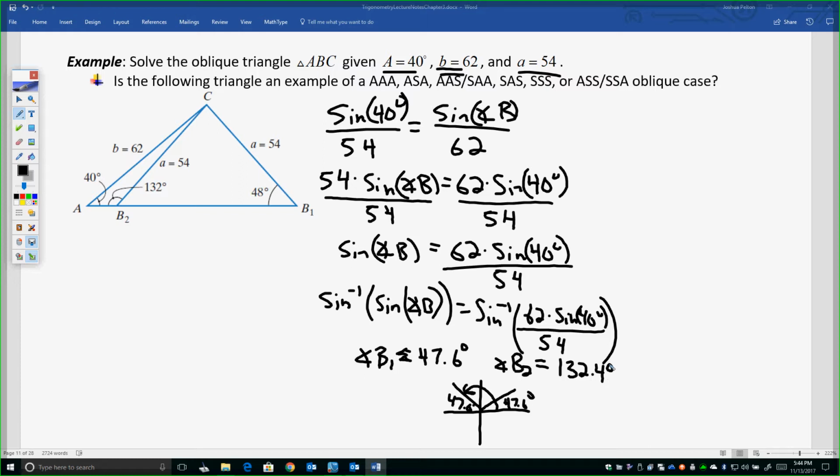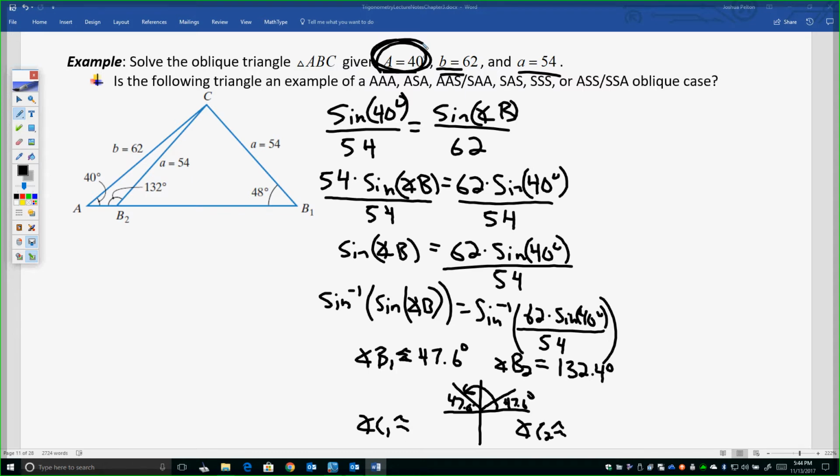Okay. All right, that means there must be C's now. So there must be a C1, and there must be a C2. Well, in both cases, this could happen because the only angle that was given was 40. So if I add 40 to 47.6, that's less than 180.